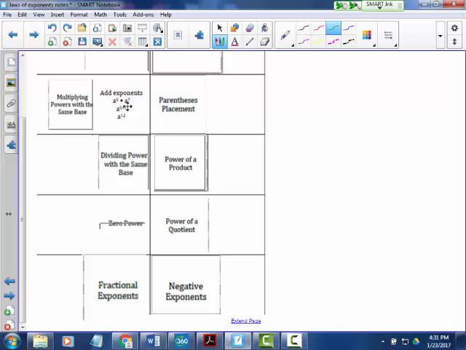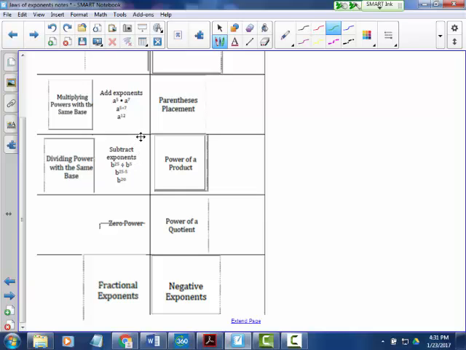So a to the 5th and a to the 7th becomes a to the 5 plus 7, which is a to the 12th. With dividing, being the inverse operation, we do the inverse operation with their exponents. We were adding here; when we're dividing, we subtract the exponents. Remember, it has to be the same base, or you can't start adding and subtracting.